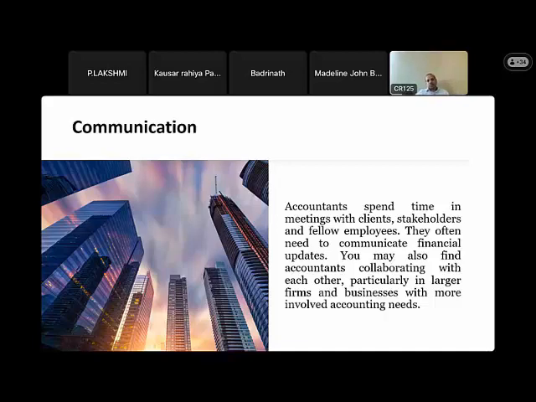Any sort of problems, the stakeholders are interested. Right? So you may also find accountants collaborating with each other, particularly in larger firms and businesses with more involved accounting tools. So this communication is one of the important tools and skills which you need to develop.